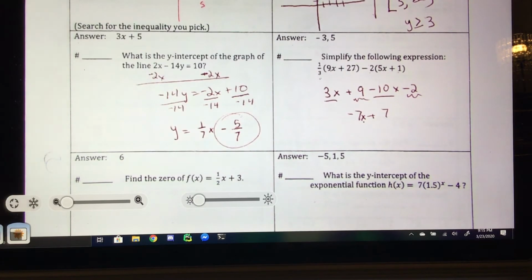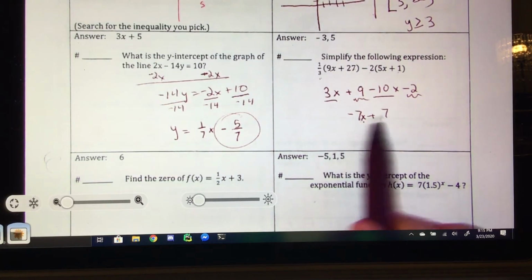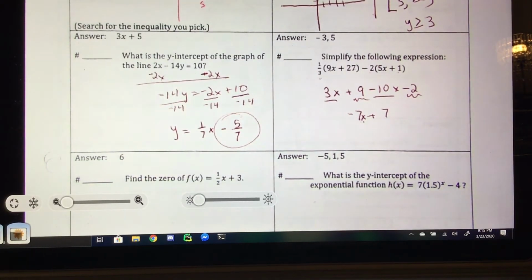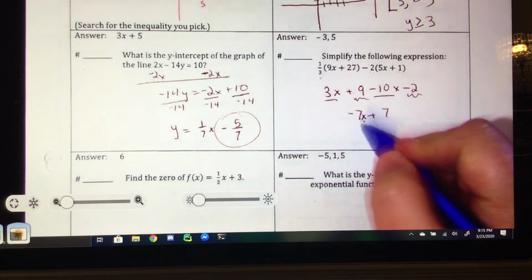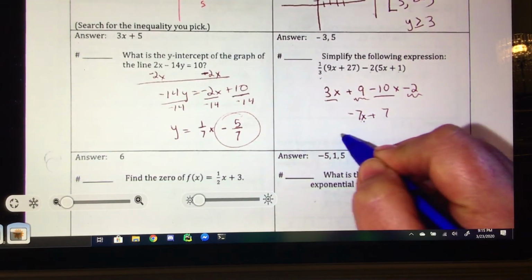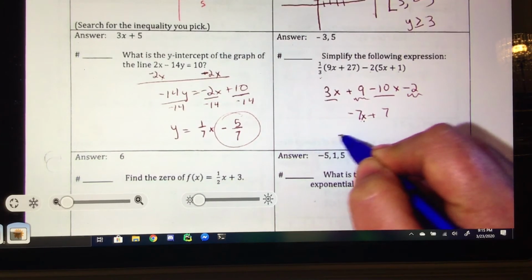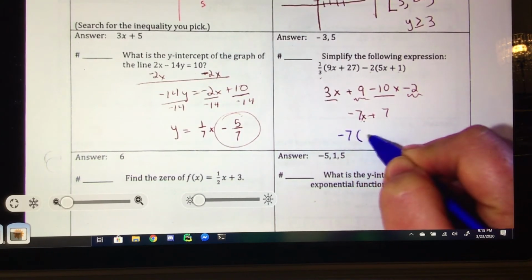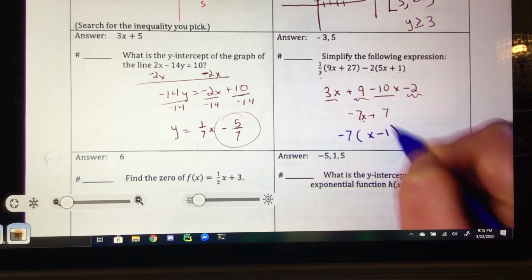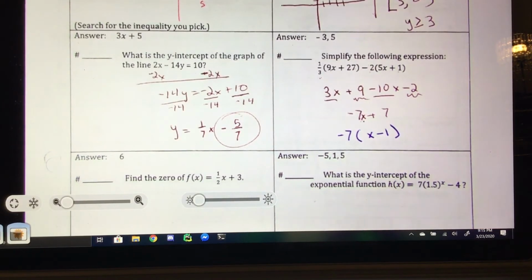But there is an answer where you have to factor the 7 out. So I'm going to go ahead and do that. If I factor out negative 7, that would give me negative 7 times (x minus 1). And that's the answer you're looking for somewhere in the circuit. So that wasn't as intuitive. It didn't say, and then factor it.